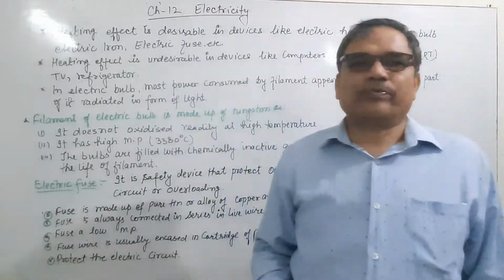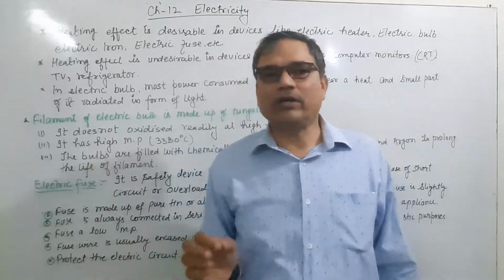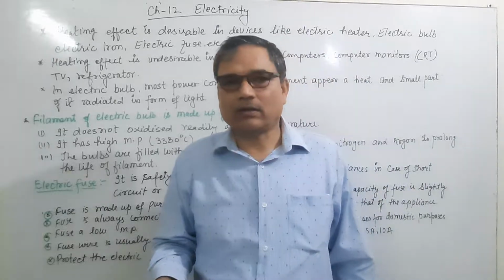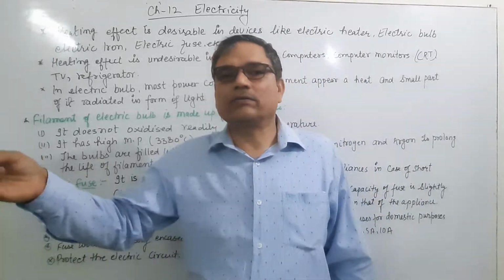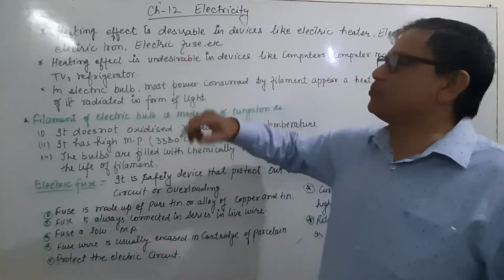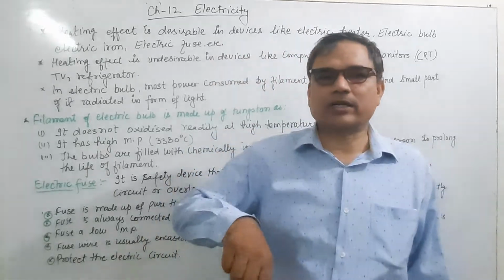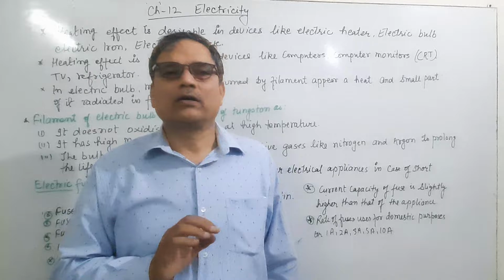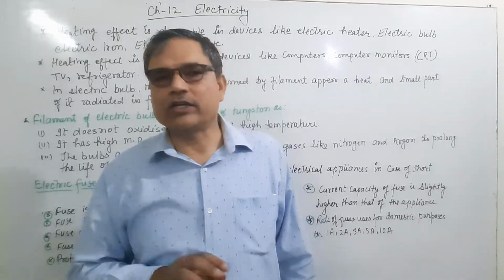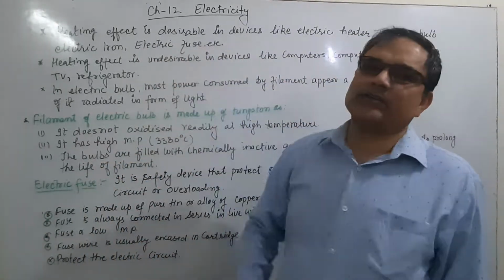Electric iron, same. The electric iron also produces a heating effect, in which one heating element has more resistance than the conductors or the wire, therefore producing a large amount of heat. An electric fuse, which is used in our domestic circuit to prevent damage from short circuit or overloading, is a safety device.